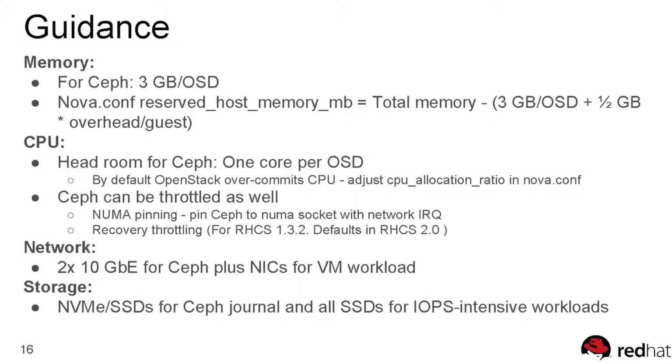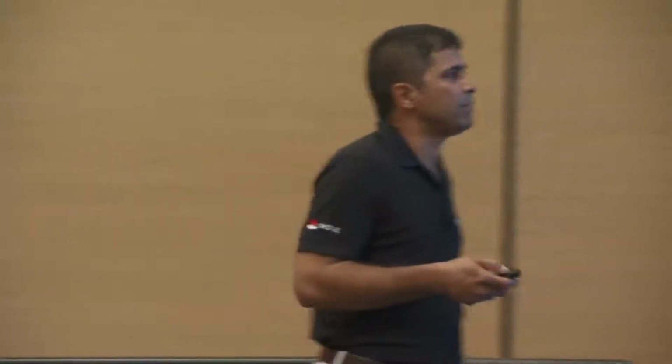When Ceph has to recover from failures such as OSD failures, it tries to restore those OSDs, and so it gives a lot of priority. What we had observed is that a very high priority is given by default in Red Hat Ceph Storage 1.3.2, which we have changed in 2.0. But if you're going to use Red Hat Ceph Storage 1.3.2, you need to change it, and we have an Ansible play for that, which you can also find upstream.